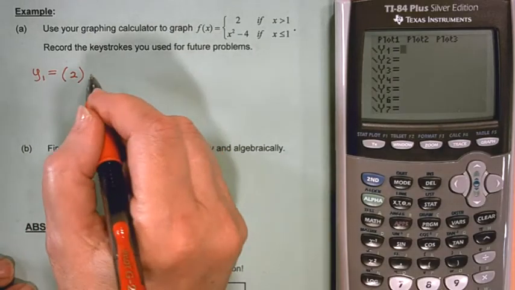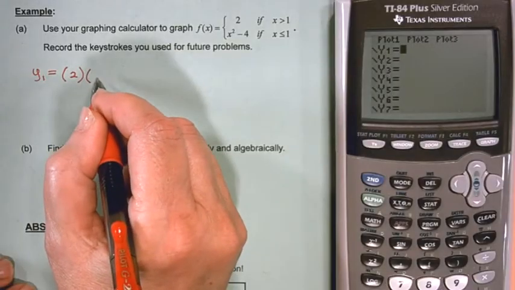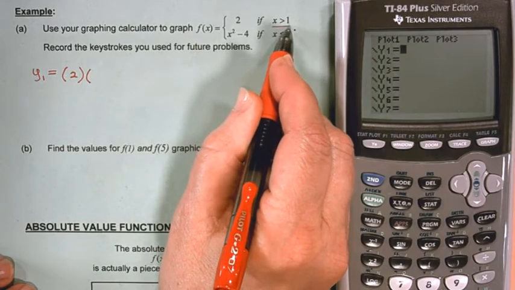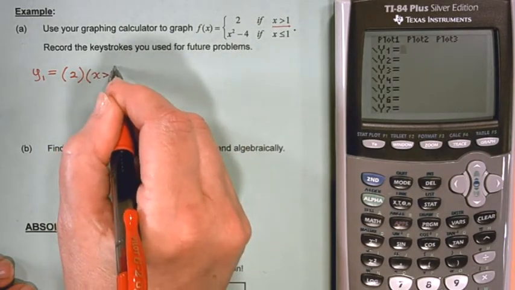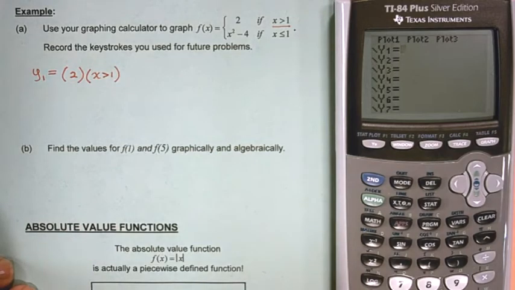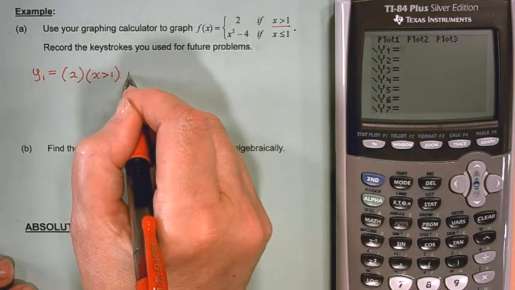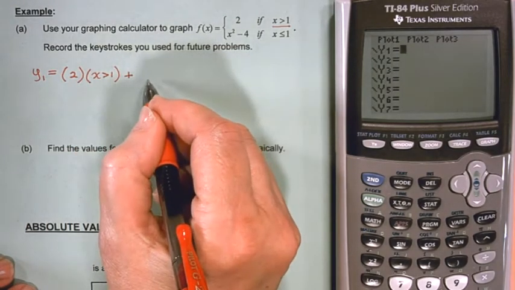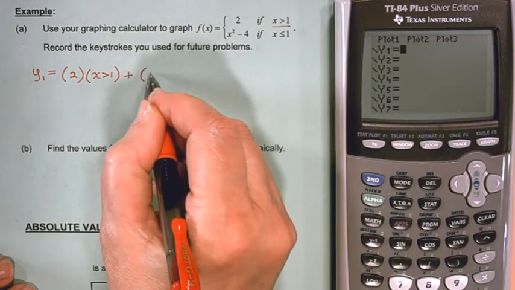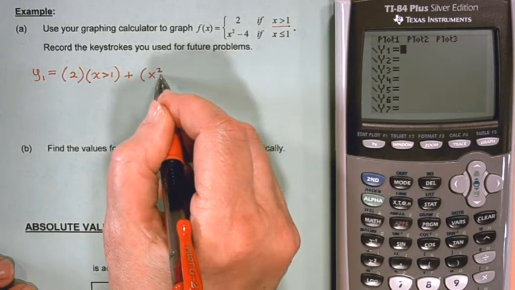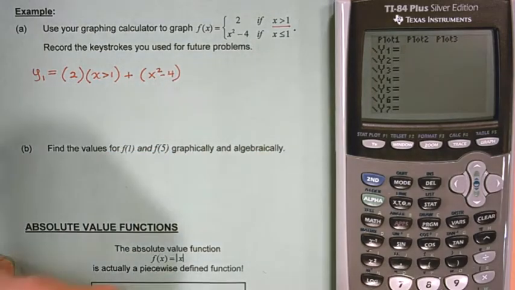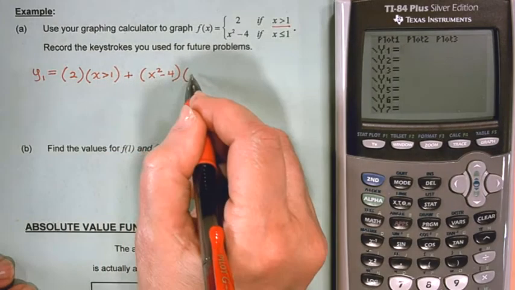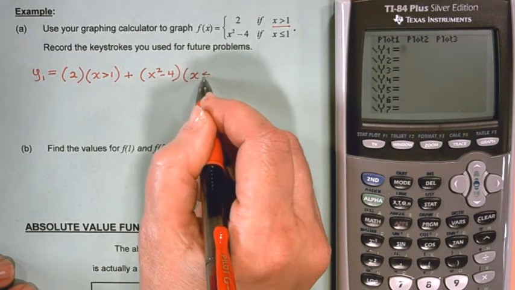And then I'm going to do another set of parentheses, and I'm going to put the inequality in that parentheses. To get the second piece on, I'm going to do a plus, and I'm going to write the equation for the second piece first inside parentheses. And then in the second set of parentheses, I'm going to put the inequality for that piece.